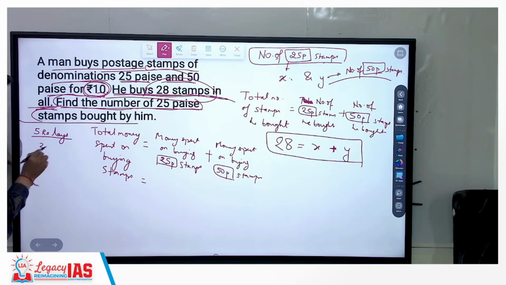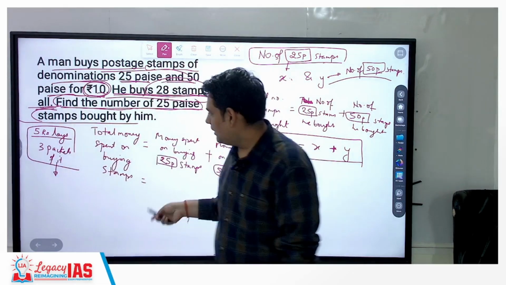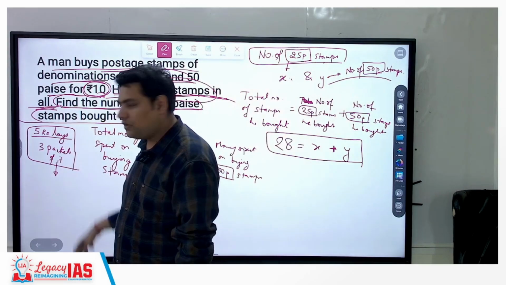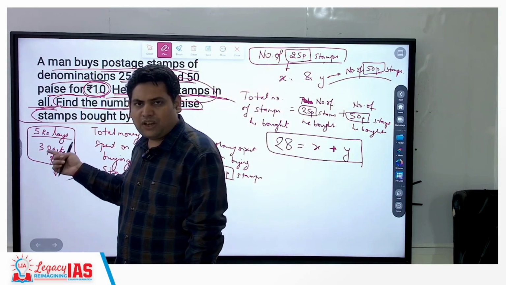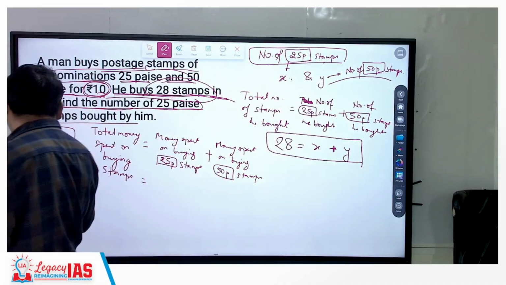You bought 3 packets of it. Now I ask you, what was the total money spent on buying these Lay's? What will you say? 5 rupees a packet, 3 packets you bought. How much money did you spend in total? 15 rupees.